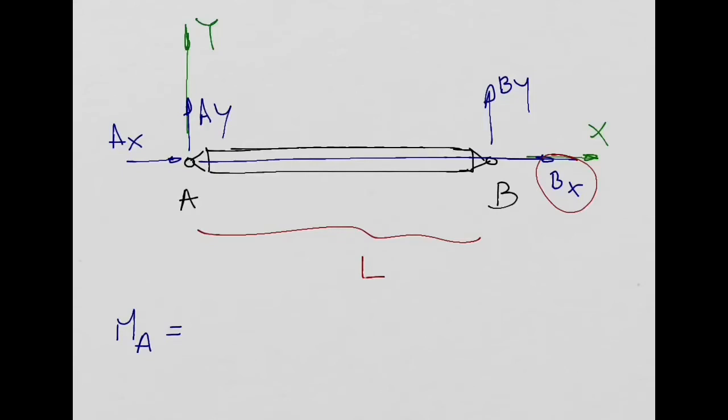So it means this force Bx does not produce moment about point A. You agree with me or not? Bx does not produce any moment about point A. So in fact, the only reaction that produces moment about point A is By.